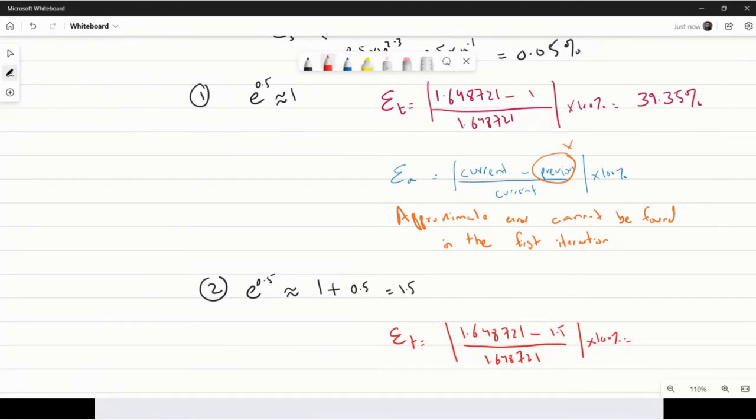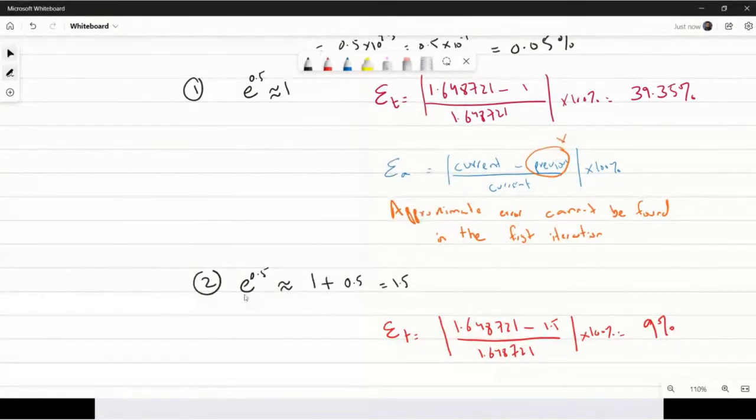So 1.64871 minus 1.5. So it comes out to be 9.02%. So I'm just going to write it 9%.